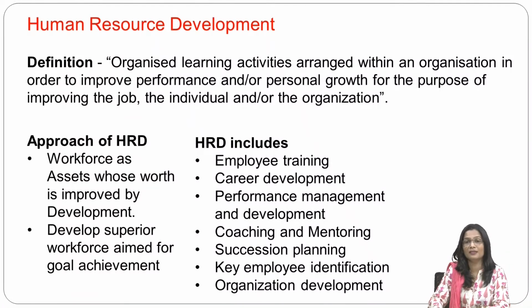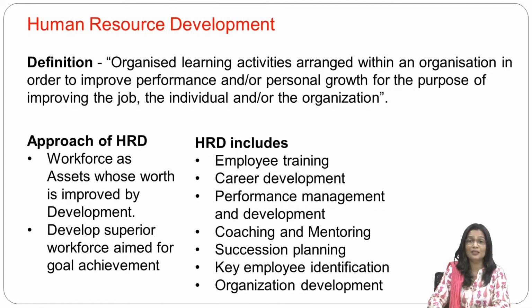The third one is performance management and development. Now we can understand the logical linkage. Once you are training your employees, they are expected to exhibit the learning that they have got out of that training in the workplace. Now it is the organization's responsibility to see whether this particular training that they have received is up to the mark or not, or in other words, whether the employees are capable to demonstrate the learning of the training in the workplace or not.